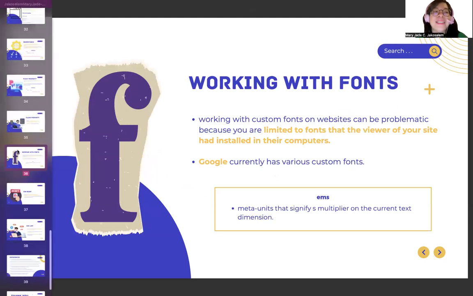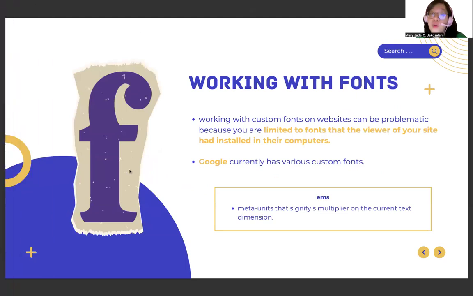And then in CSS, we actually work with fonts. Working with custom fonts on websites can be problematic because you are limited to fonts that the viewer of your site has installed on their computer. For example, you wanted to use a font called Roboto, but one user accessing your website does not have Roboto installed on his or her laptop.